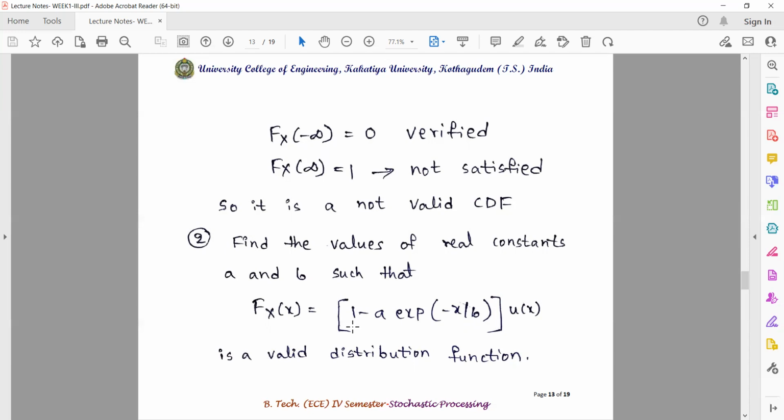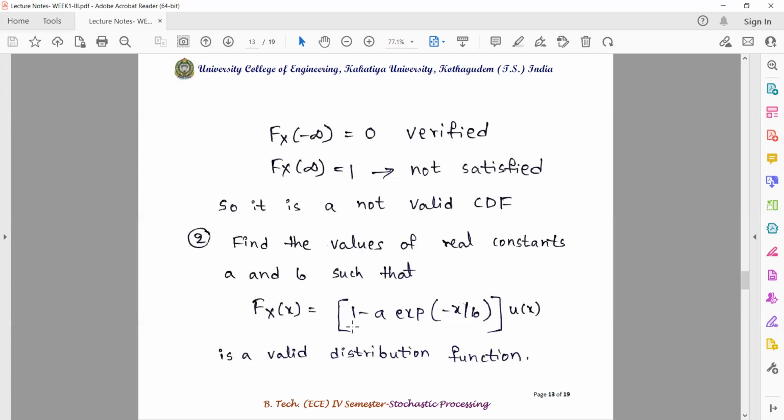So this is how we can check the properties of cumulative distribution function and probability density function. It should obey the properties which were discussed in the first session. So the second problem is to find the values of real constants a and b such that fx of x is equal to 1 minus a exponential of minus x by b, times u of x, is a valid distribution function.